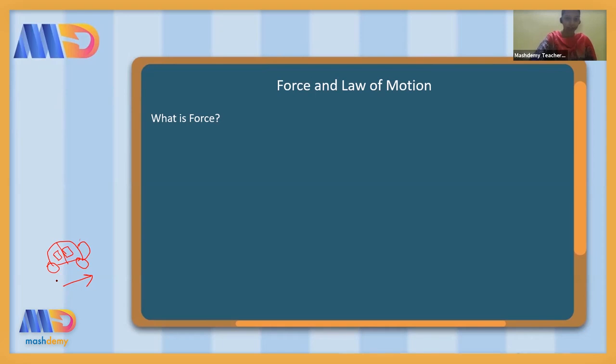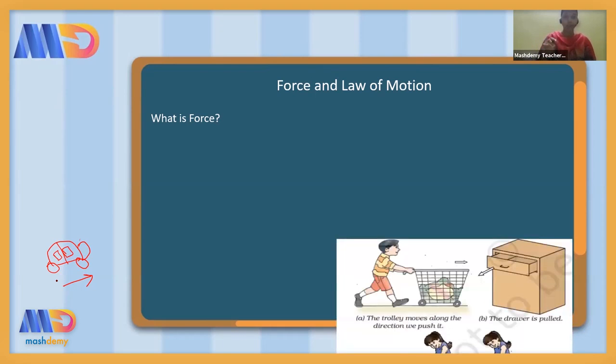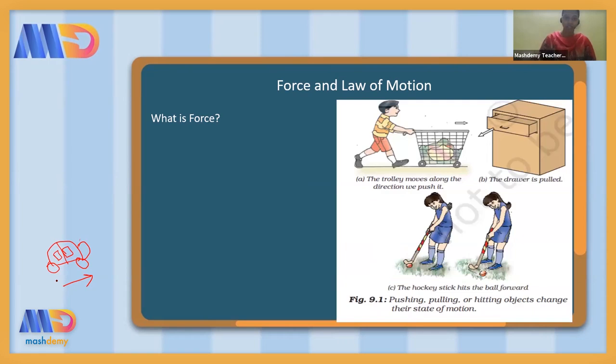You understand? Okay. For example, when you are pedaling a cycle, when you hold the cycle, it is not moving. The cycle is at rest. When you start pedaling fast, when you apply that force, the cycle starts to move. That is called force. Here this person has a trolley, and the trolley moves in the direction he moves, right?